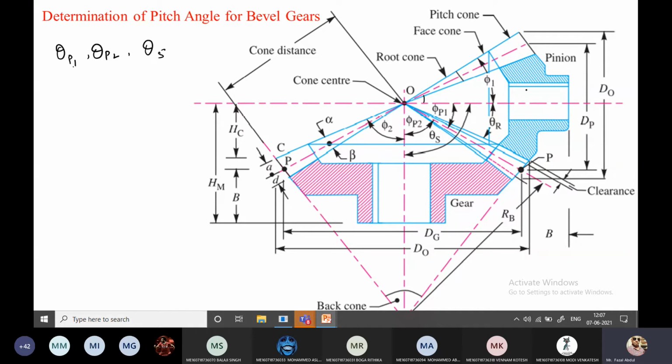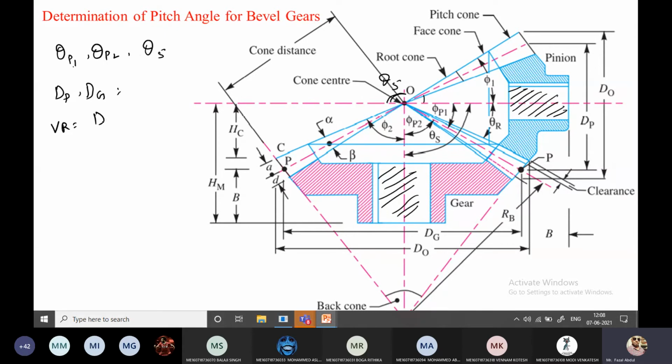This is one shaft, this is the other shaft. The angle between these two shafts is theta s. And dp is the pitch circle diameter for the pinion, dg the pitch circle diameter for the gear. And what is velocity ratio?